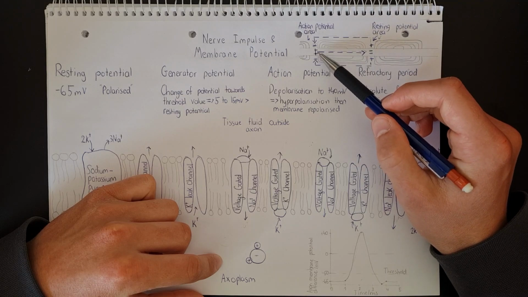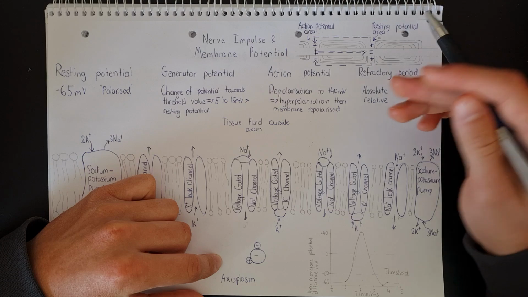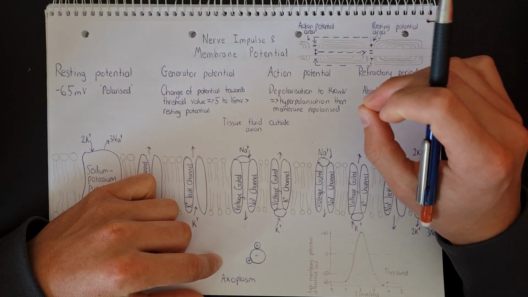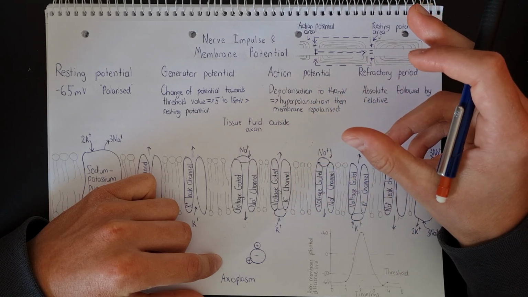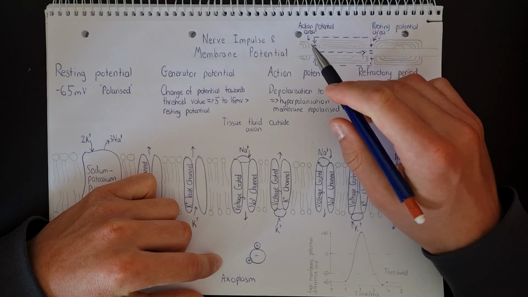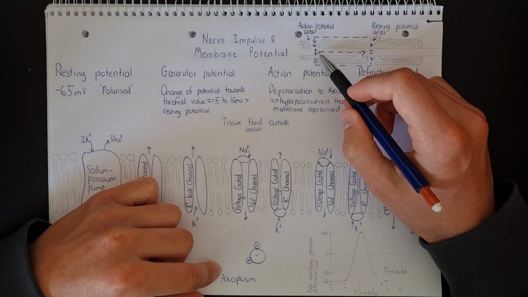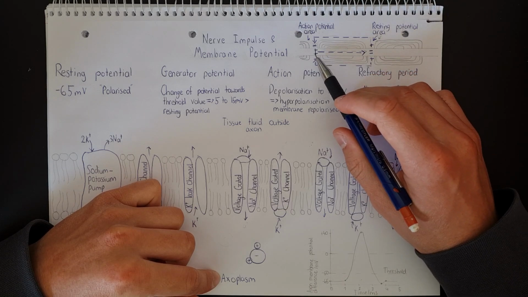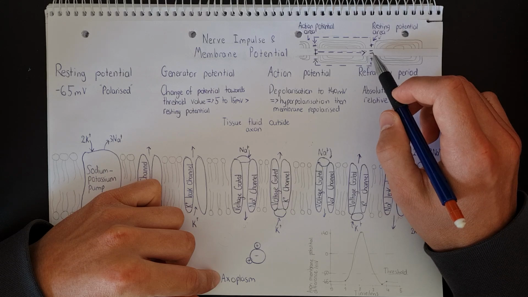So because ions of the same charge repel each other, and they also want to move towards a region of opposite charge, in this case, the positive ions want to move towards a region of negative charge. These positive ions that are within the axoplasm will actually move along the axon to the next node of Ranvier, where the axoplasm is more negative.